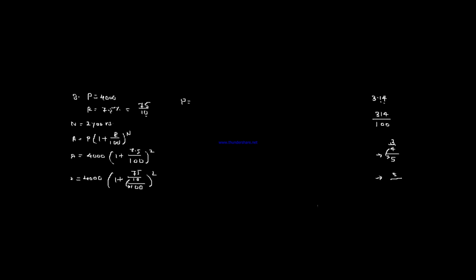This is the main fraction, and there is another fraction in the denominator, so this will go up. These are the basic things you have to remember. Now let's say 4,000 into 1 plus 75 upon, as we can see here, it will become 1000.